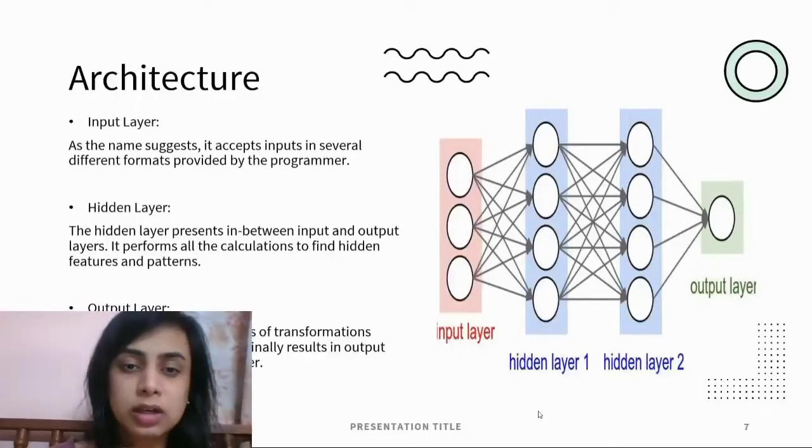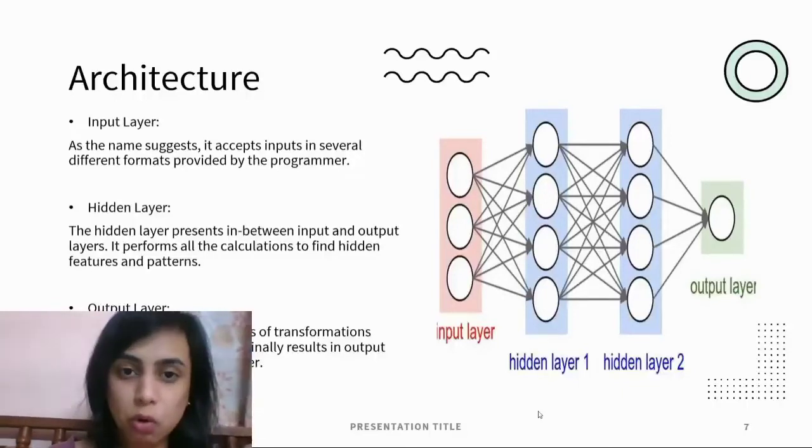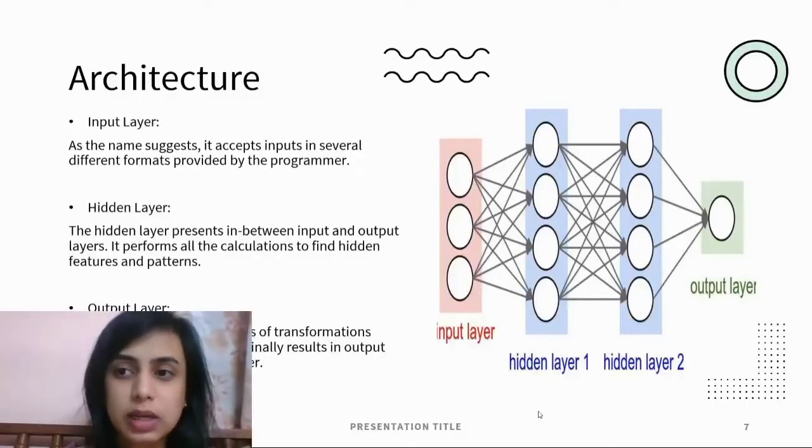So there is no necessity of being just one hidden layer. A neural network can have multiple hidden layers, such as one, two, or many more, which basically depends on the structure of the artificial neural network and the computation required by the programmer.